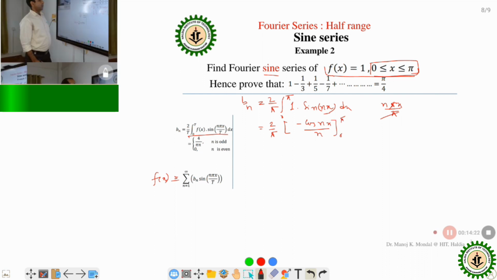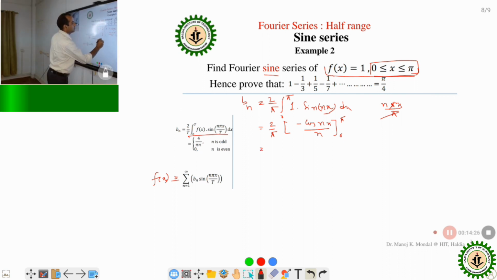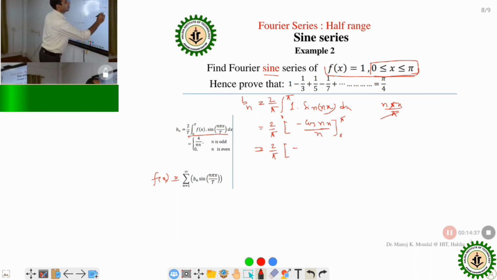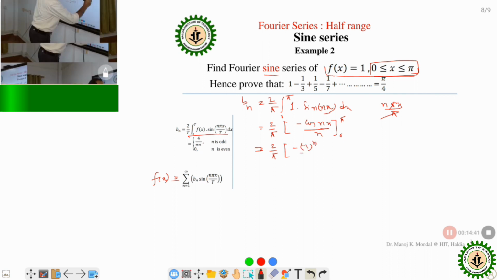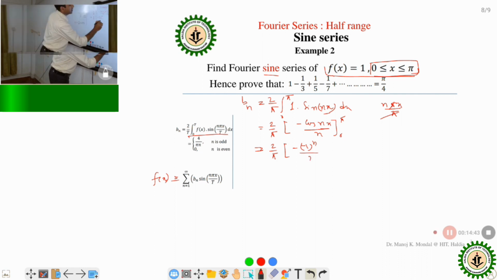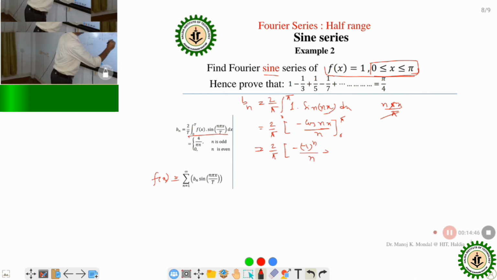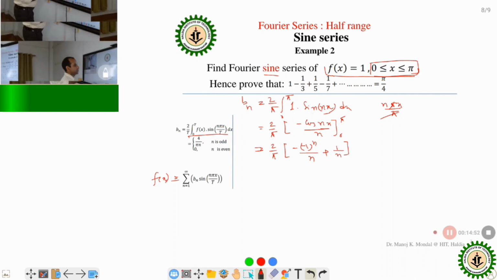Putting in the limits, the value is 2 by pi times, for the upper limit, minus cos n pi, that is (-1) to the power n, by n, and for the lower limit, cos 0 equal to 1, so 1 by n.